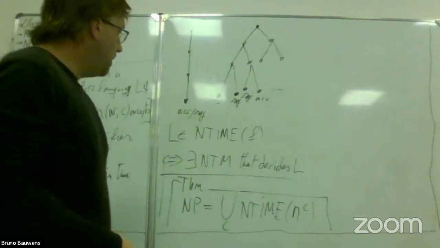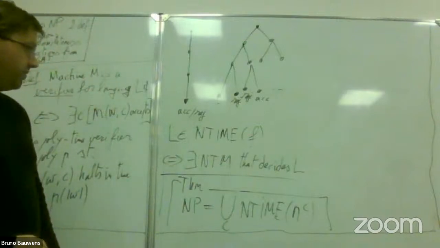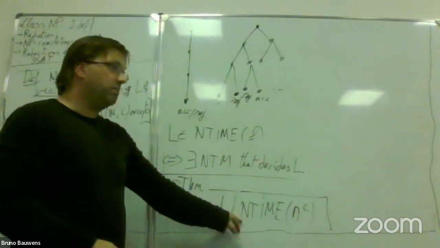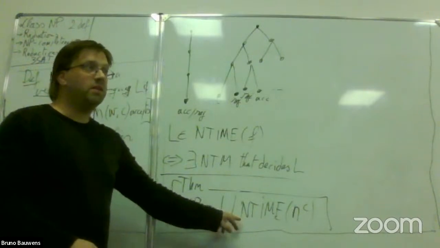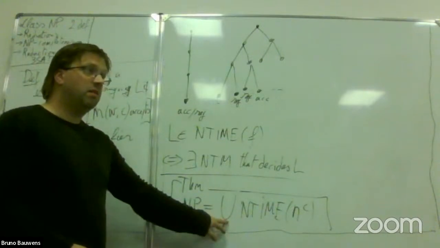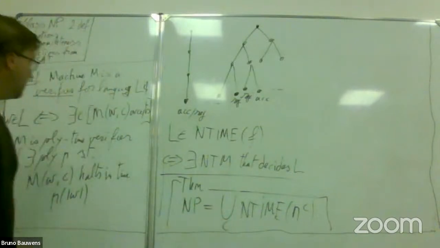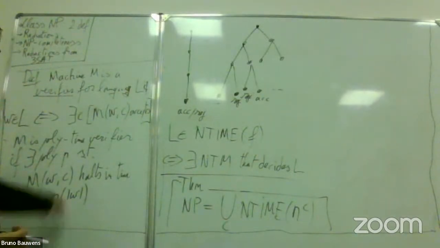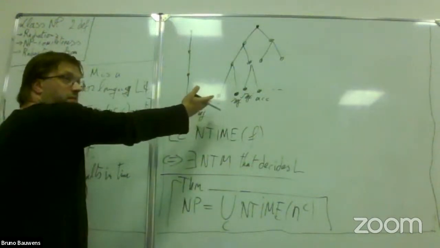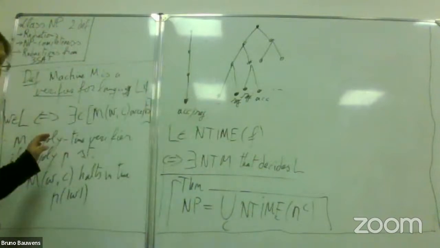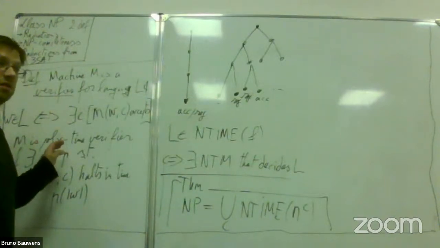Okay. And so now we might have an idea how to prove the theorem. Both directions are rather easy. So imagine that a language is decided by a verifier. What could be the non-deterministic machine that runs in polynomial time and decides the language?